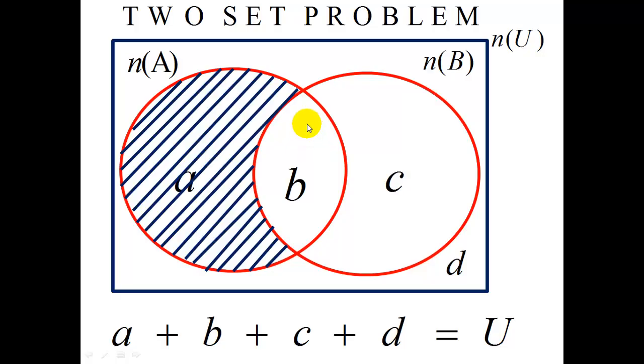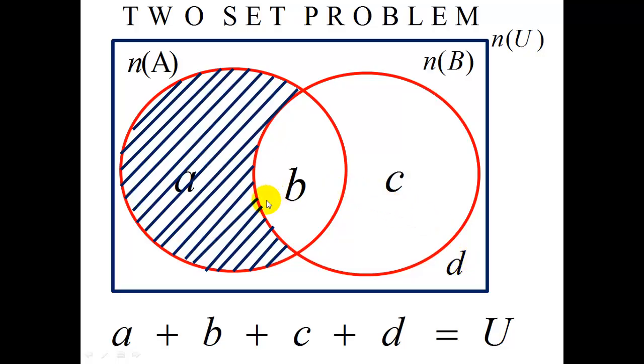Now, B is the region that represents the number of students who read both Agric and biology. And C is the number of students who read only biology. And D is the number of students who read neither Agric nor biology.